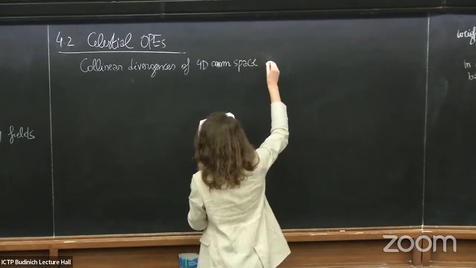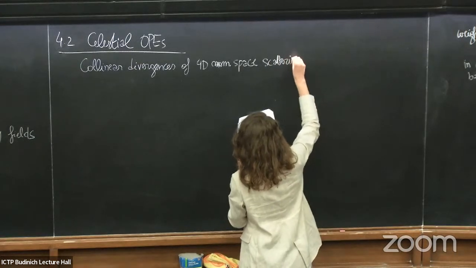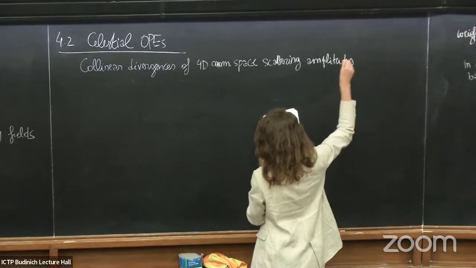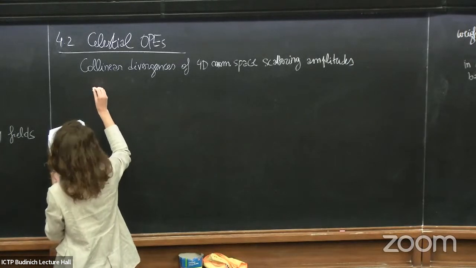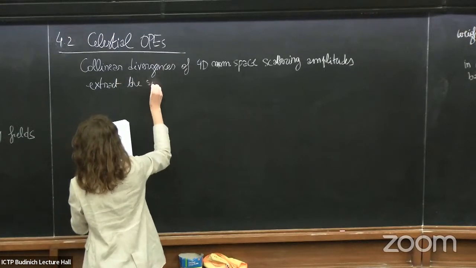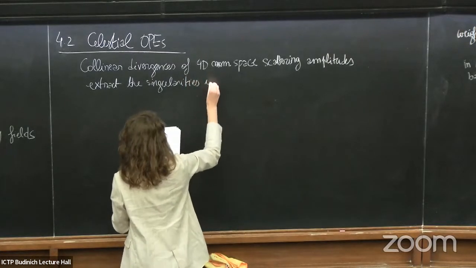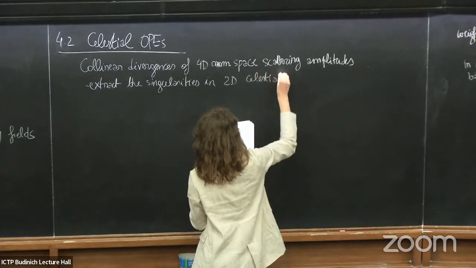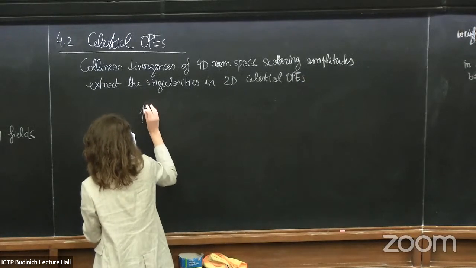We start with all these beautiful formulas people have been developing in scattering amplitudes and see what we can deduce in the celestial CFT. So these things extract for us the singularities of celestial OPEs, and there is a very simple reason for that.